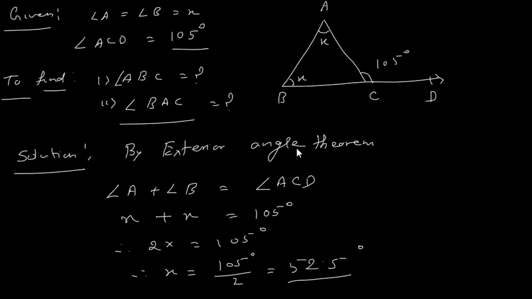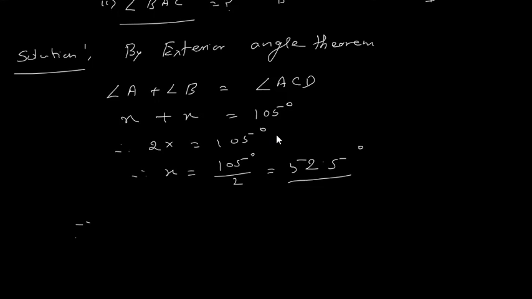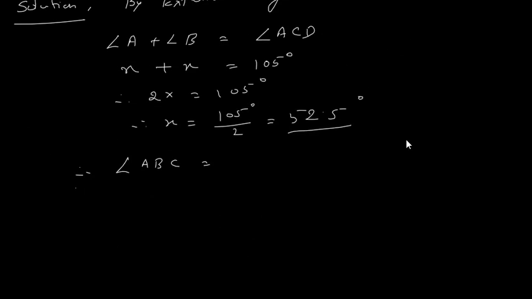So therefore finally I will say that angle ABC is equal to angle BAC, and these two angles are equal to 52.5 degree. Done.